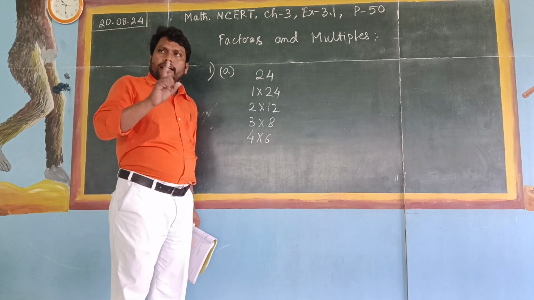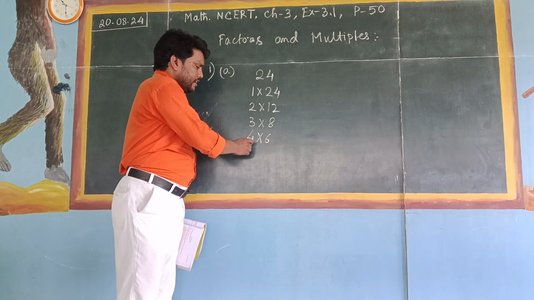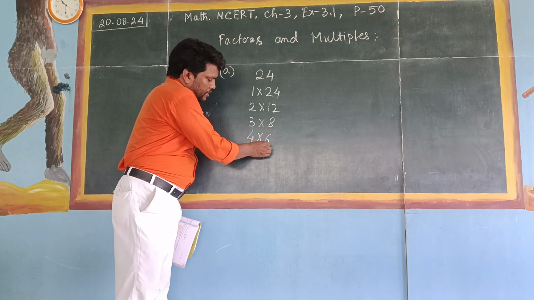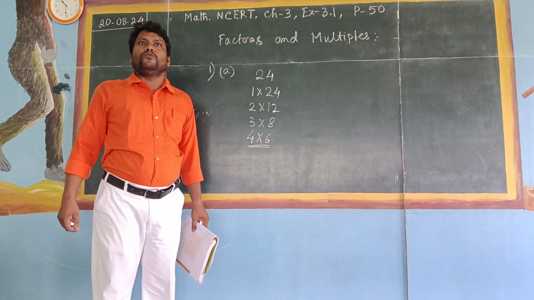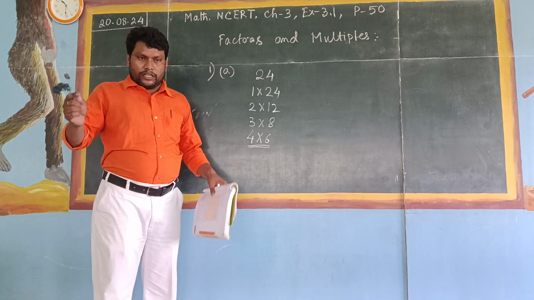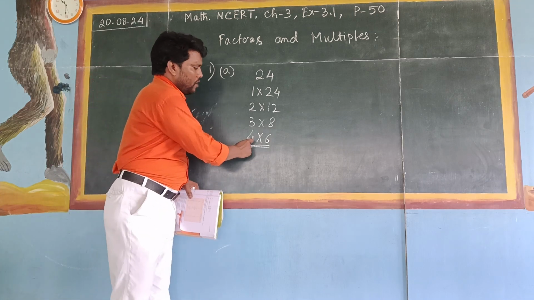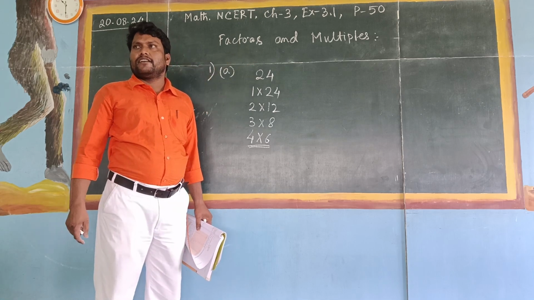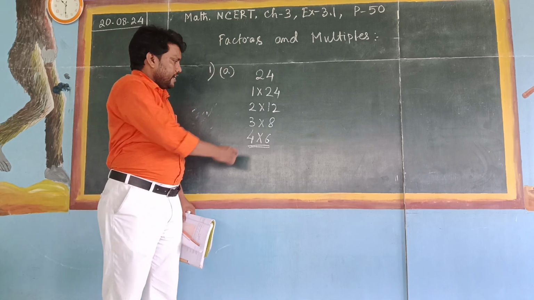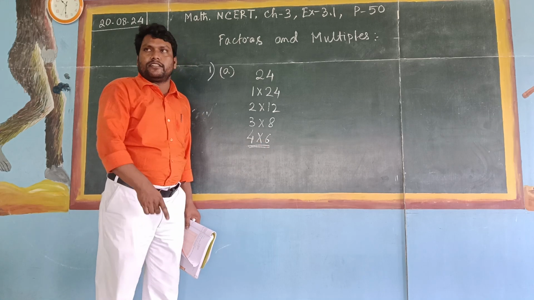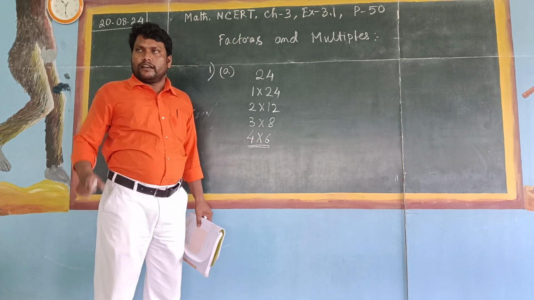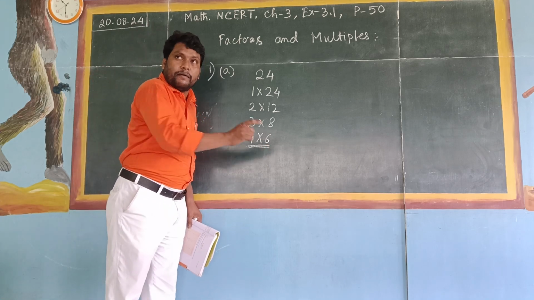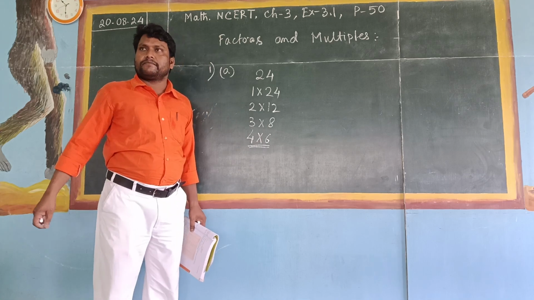At a time you will see that the last two numbers come in contact, 4 and 6. In any case of finding the factors, you will see the last two numbers come in contact, 4 and 6.